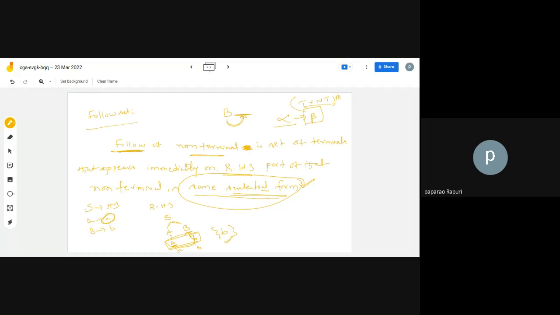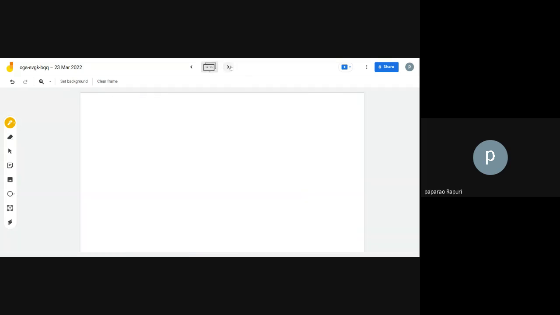So we have rules to construct the follow set. The rules are, for example: follow of S is equal to $, if S is the start symbol of the given grammar.